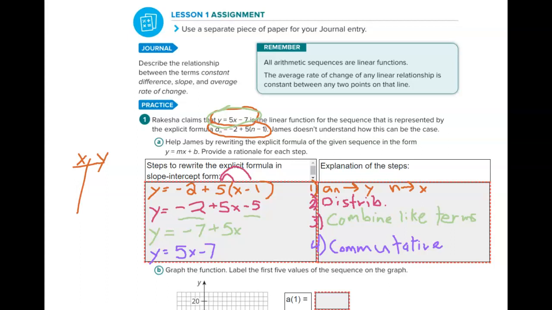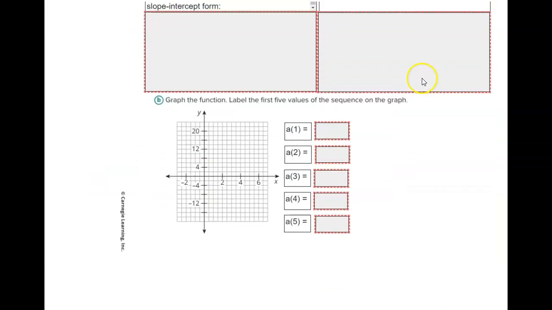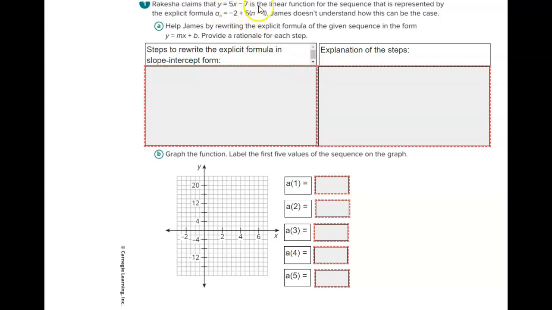The next thing that you're going to do on this assignment is, now that you've verified that this equation is the same, you're going to plug in or substitute these inputs and see what outputs you get. So real quickly, here's the example. Your equation is y equals 5x minus 7.